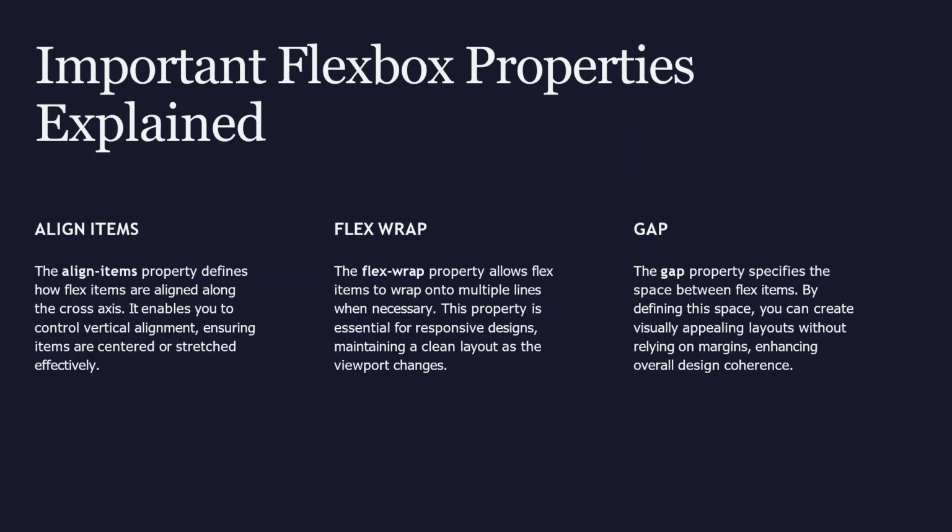If there is not enough space and no wrapping, items may get squeezed. We will do the practical part of it now. Gap: instead of using margin, we can simply use gap in Flexbox to create space between two items.